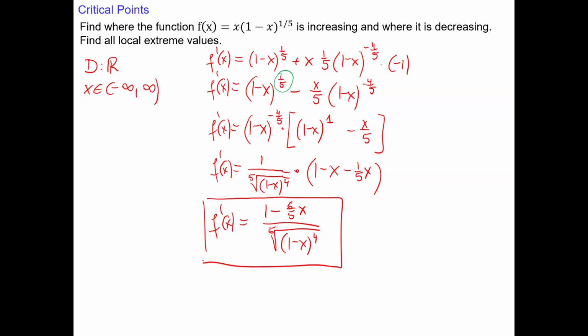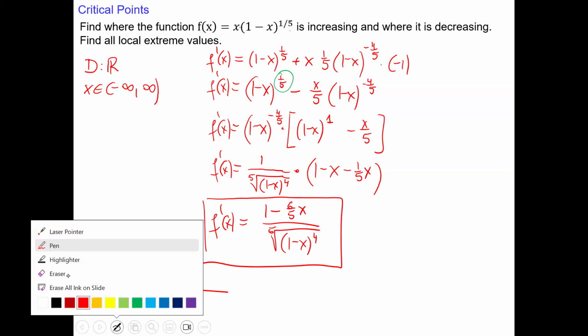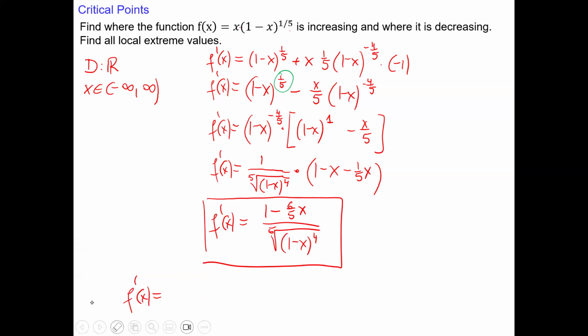And now, for the critical points, we have to find out where the derivative is 0 and where the derivative is undefined. Once we remember the definition of the critical points. Okay, let's write on the next page. The derivative is 0 if this expression is 0, correct?